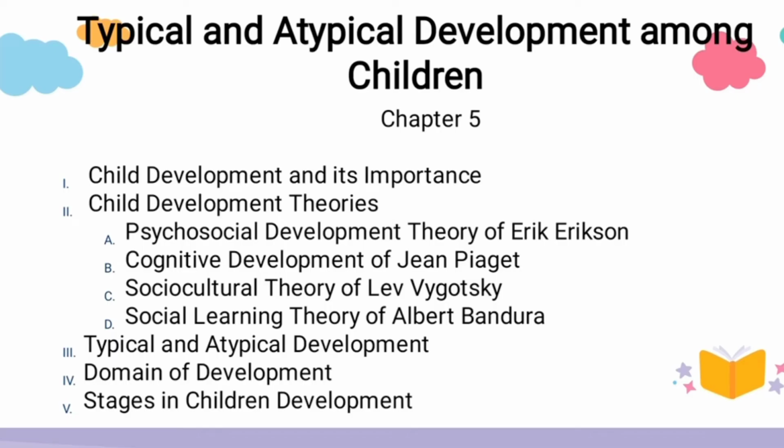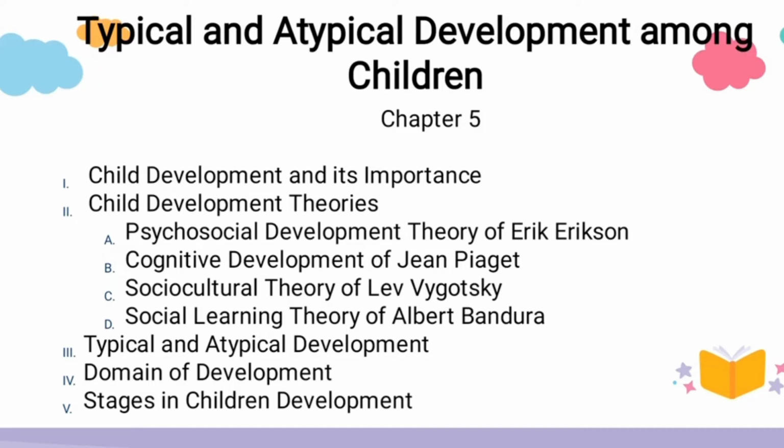So in Chapter 5, we will learn about child development and its importance. In the second part, the child development theories, where we will be learning about the psychosocial development theory of Erik Erikson, the cognitive development of Jean Piaget, the sociocultural theory of Lev Vygotsky, and the social learning theory of Albert Bandura.